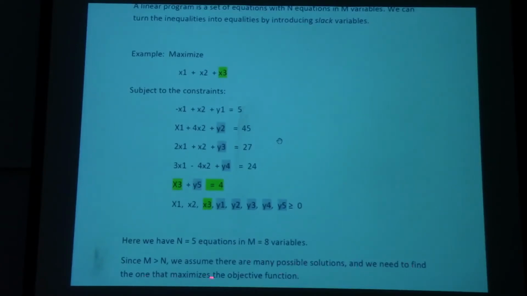We need to find the one that maximizes the objective function. We don't care about the value of the y's as long as they don't violate their constraints. We do care about the values of x1, x2, x3 because they will give us the maximum function.